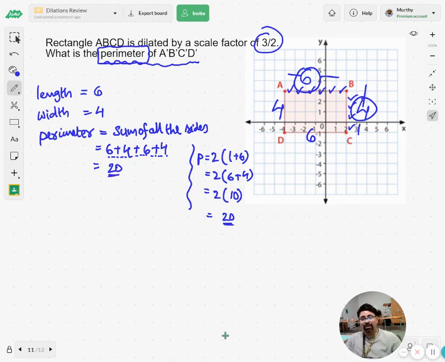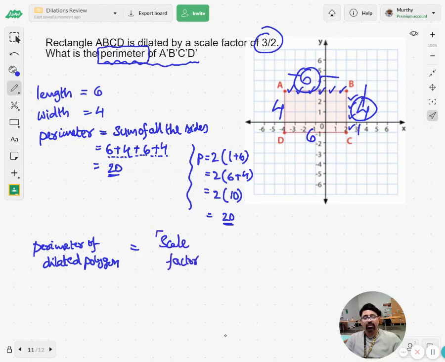But the second one, perimeter of the dilated polygon, the new polygon, equals, we have to multiply scale factor times perimeter of a given polygon.